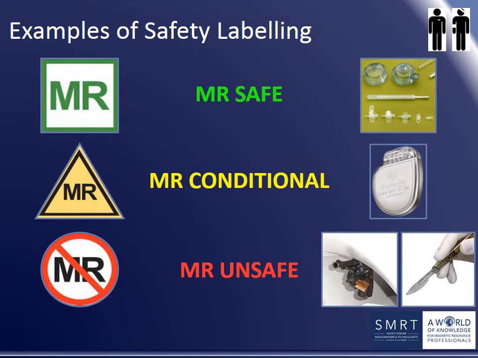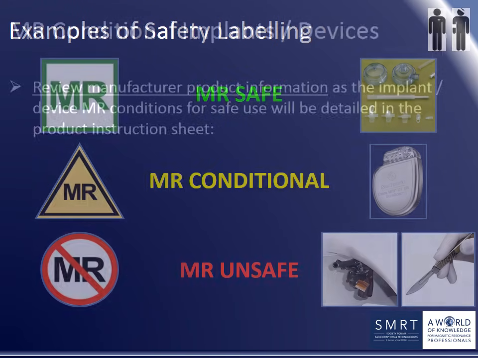The MR safe plastic medical equipment contains no metallic parts whatsoever and is safe for all MRI environments. The MR conditional permanent pacemaker is safe for MRI only in specific MRI environments detailed by the product manufacturer. The handgun and the scalpel are not safe for MRI and should not be taken into any MRI environment.